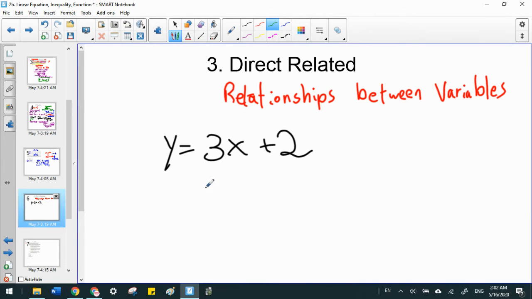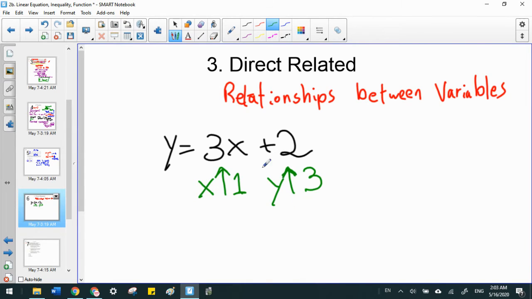So in this case, you always want to be able to answer: when one variable goes up by 1, how much does the y value go up by? And in this case, when the x value goes up by 1, I'm sure it doesn't surprise you at all to know that the y value goes up by 3.